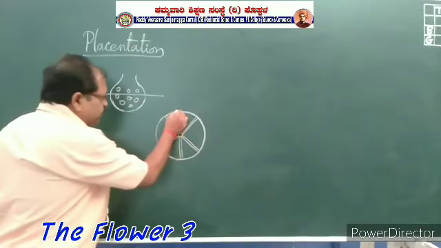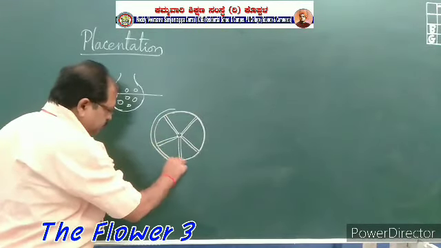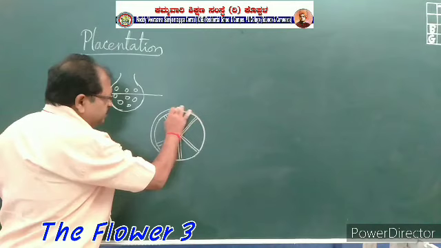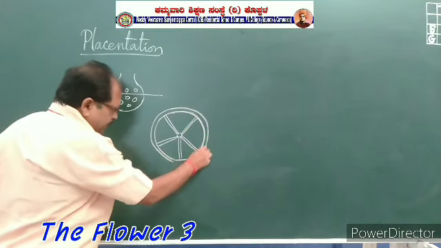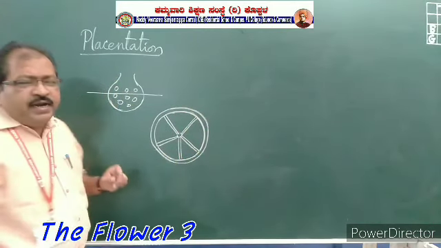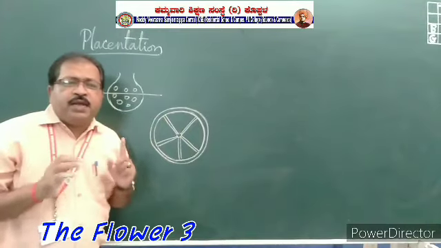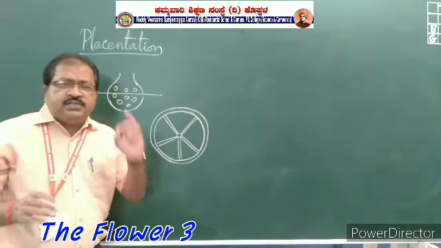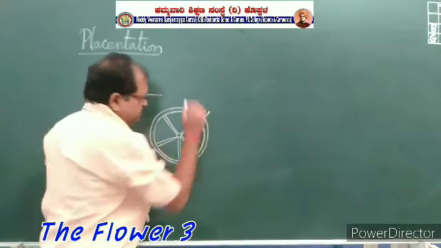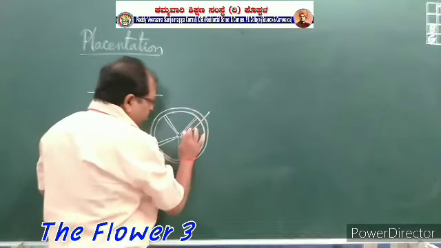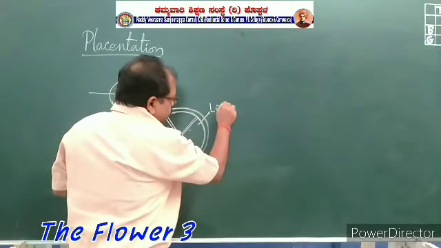The space inside the ovary is divided into chambers, and these chambers are called locules.